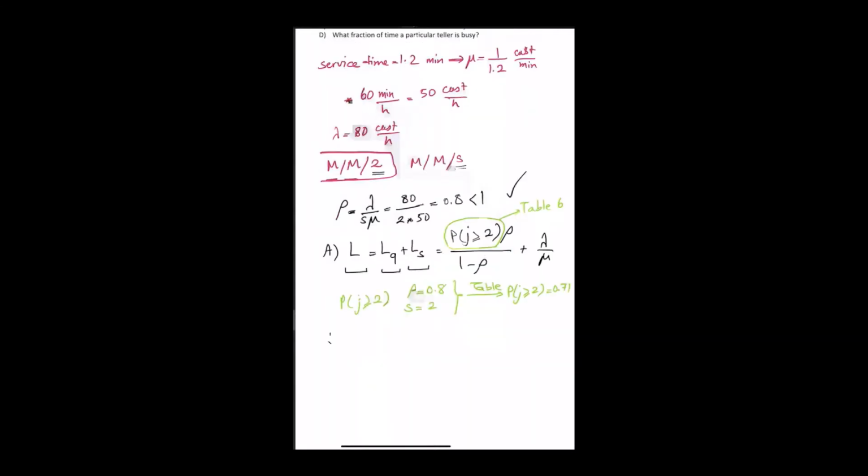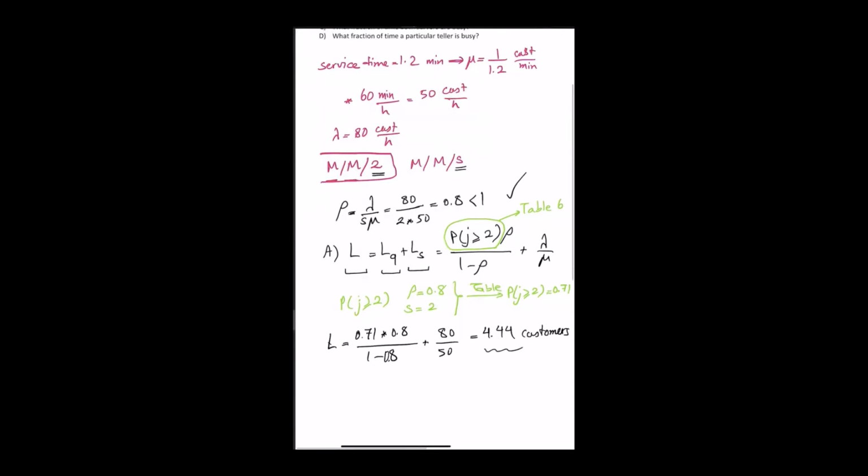Then I can calculate L. L equals probability of J greater than or equal to 2, which is 0.71, multiplied by rho over 1 minus rho, plus 80 over 50. And that's going to be 4.44 customers. So this is the average number of customers that are in this bank at every point of time.